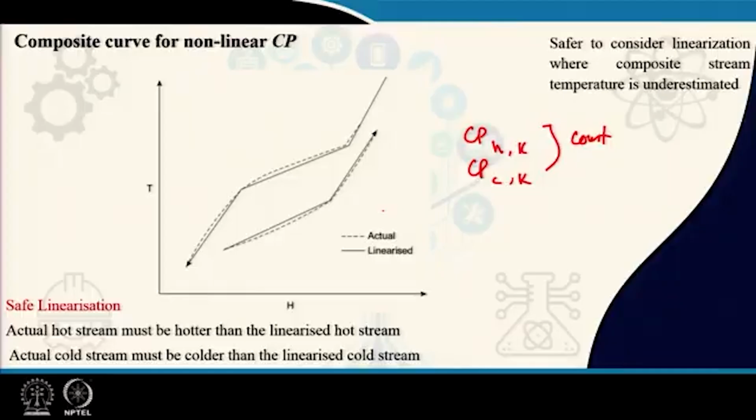In industries, there is a high chance that the curves are not linear. Say suppose we are working with a mixture which is vaporizing or condensing. Under that condition, we will not get a linear curve. How do we draw the composite curve in that case?